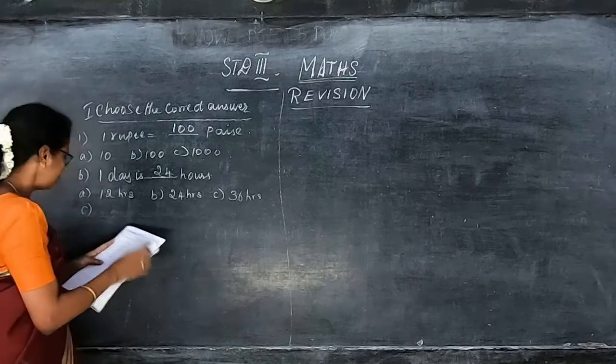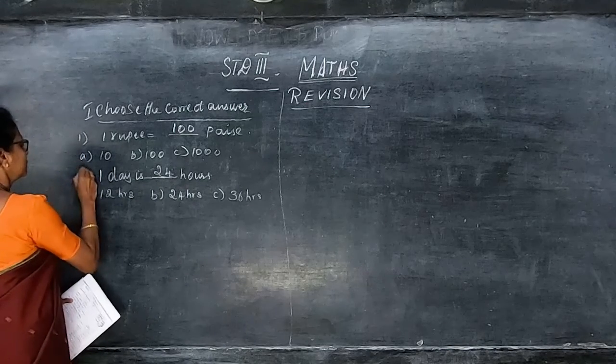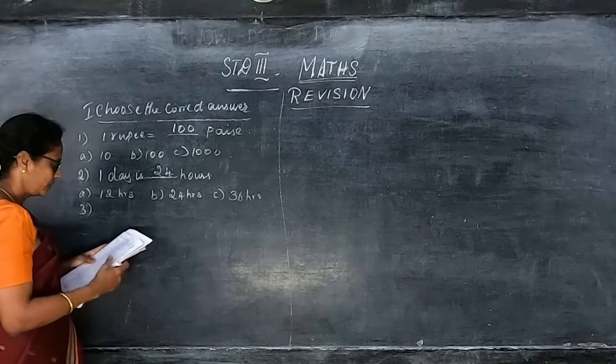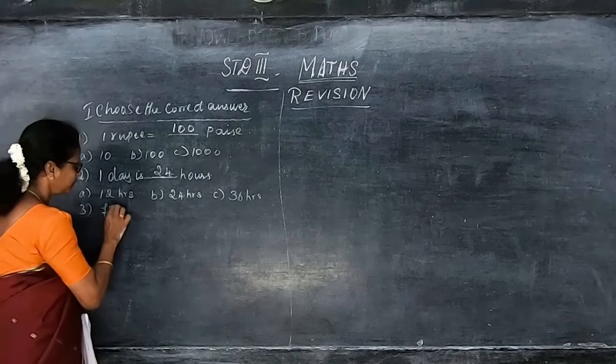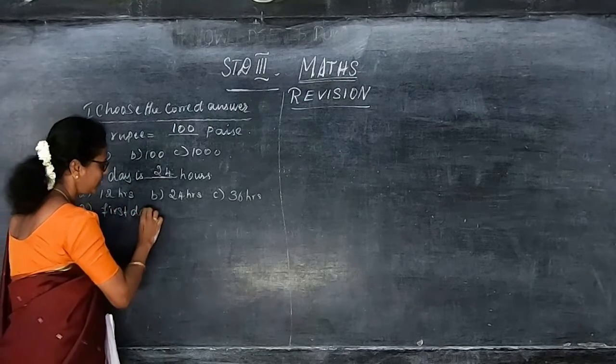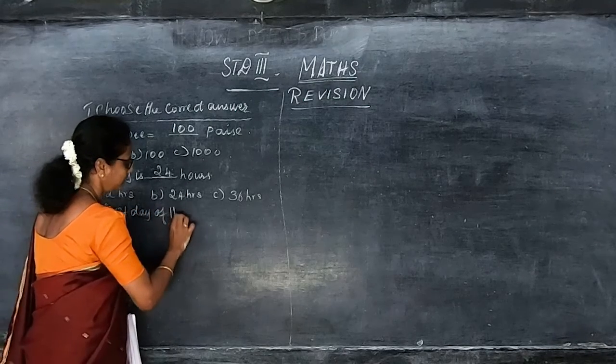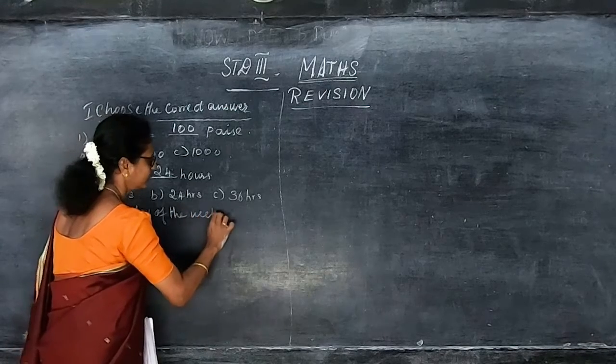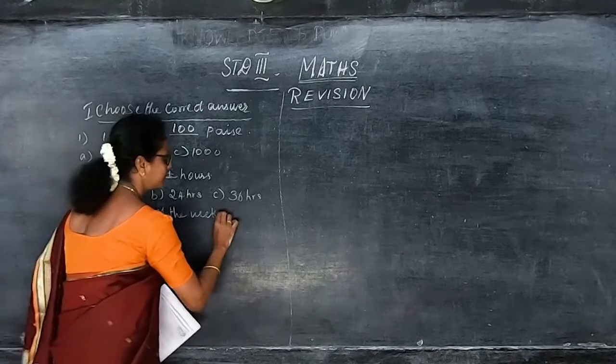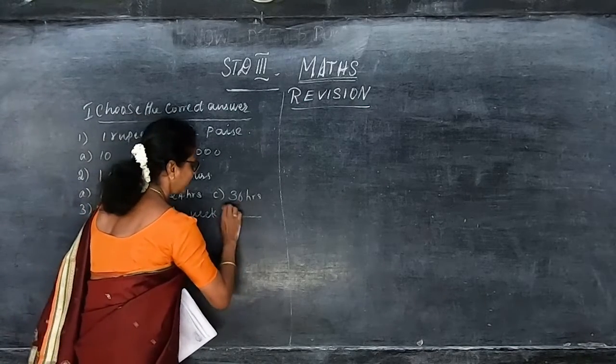So 1 day is 24 hours. Third one: first day of the week is Sunday.